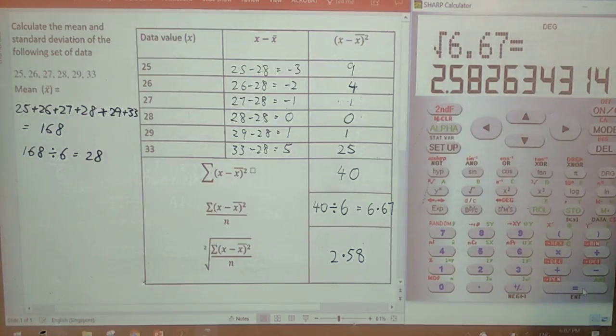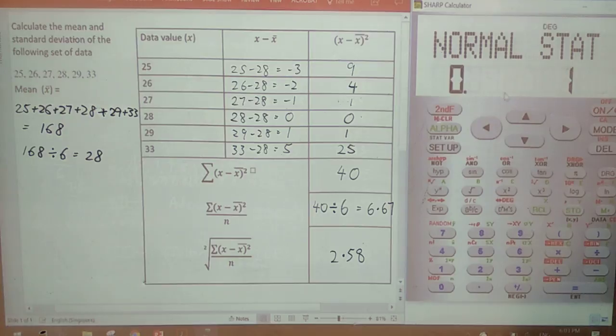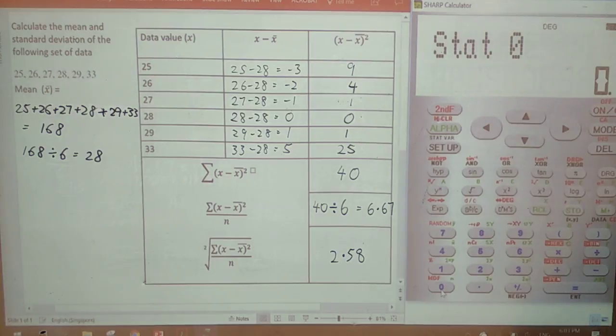To access the statistics function on the calculator, first of all, we're going to clear all this. We're going to click on mode, click 1 to set it to stat, and then click on 0. 0 is just one of the modes of operation with statistics. So now we are set.